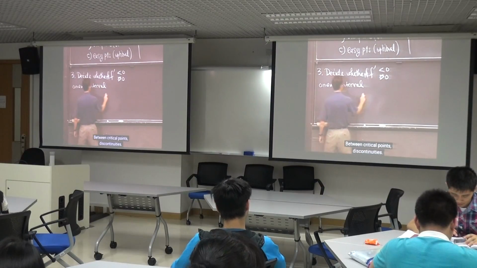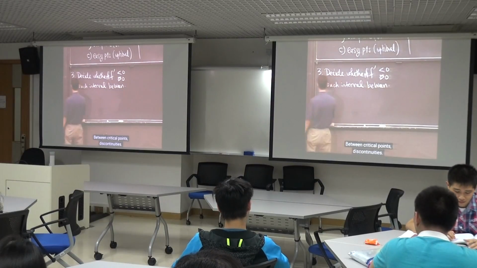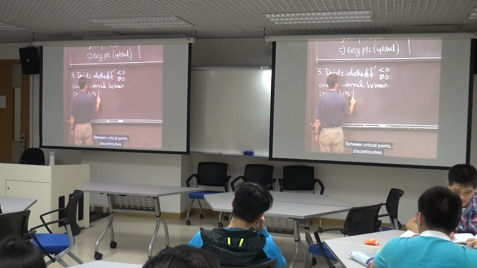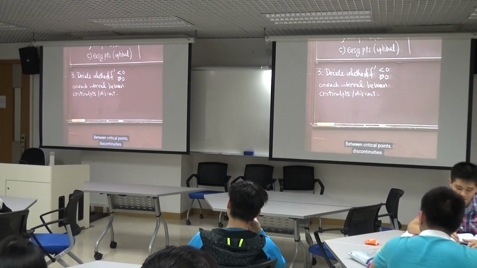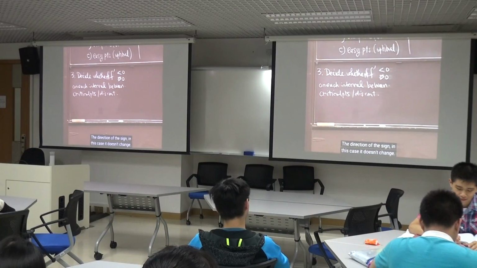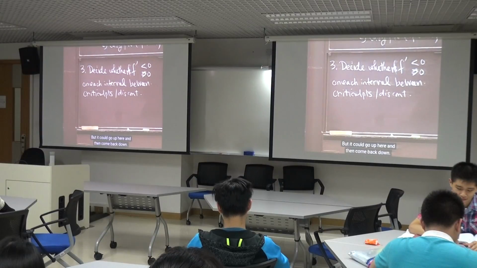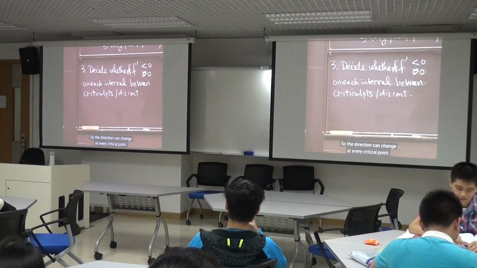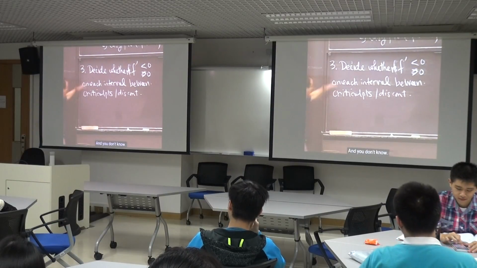Between critical points, discontinuities. The direction of the sign, in this case it doesn't change. It goes up here, and it also goes up here, but it could go up here and then come back down. So the direction can change at every critical point, it can change at every discontinuity, and you don't know.